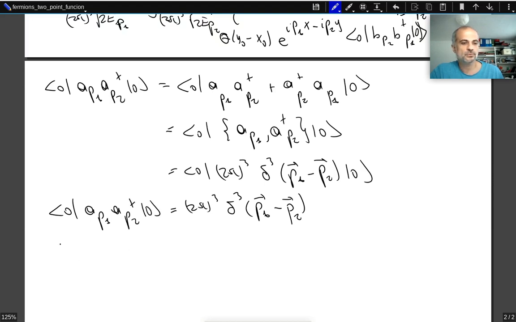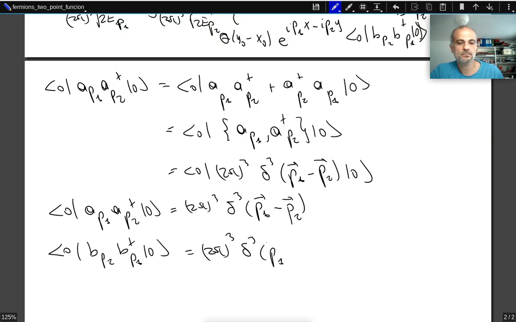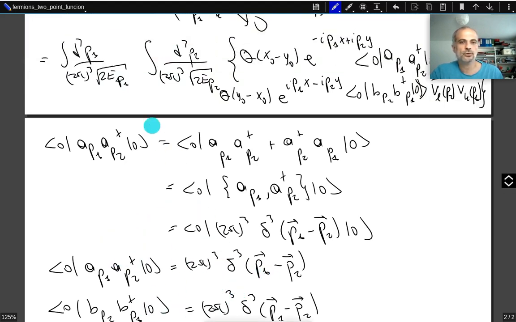We do the same treatment for the other matrix element. This will also be (2π)³ δ³(p1 − p2). So let's substitute these matrix elements into our previous expression.